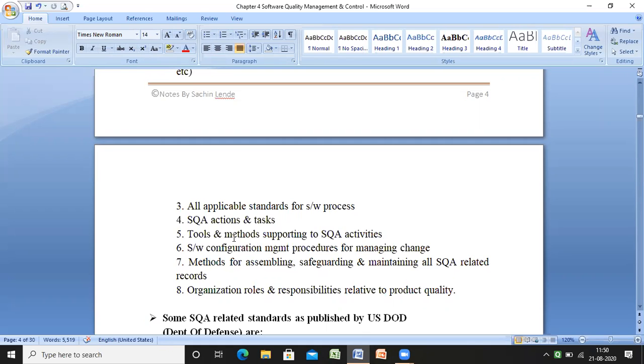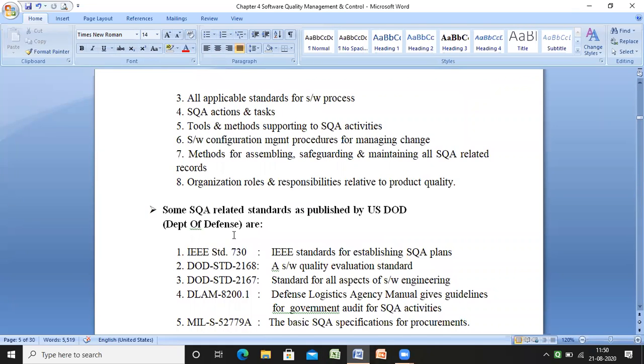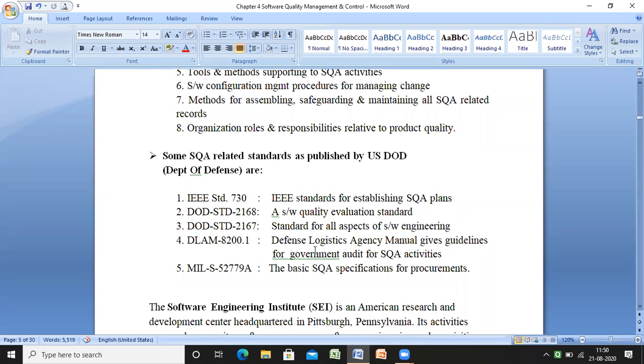Okay, as far as software quality assurance is concerned, these standards are set by the US Defense Department. Okay, they have the standards related to software, and they set the standards. According to those standards, different kinds of software companies establish their standards. Just like in the first initial stage, the standards were established by the US Department of Defense.